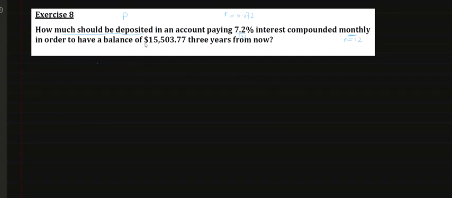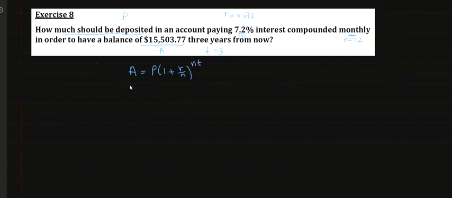In order to have a balance of that balance, 3 years, so the time is 3 years, and that balance is going to be left at the end from now. I think now everything is complete, right? I will just write the formula. You will have it in the formula sheet. You have to copy it before using it in order not to miss anything.